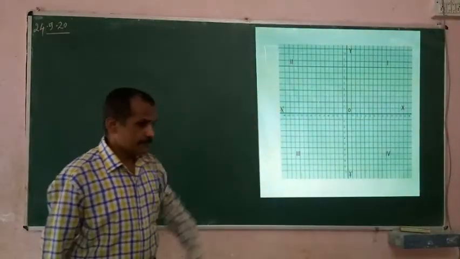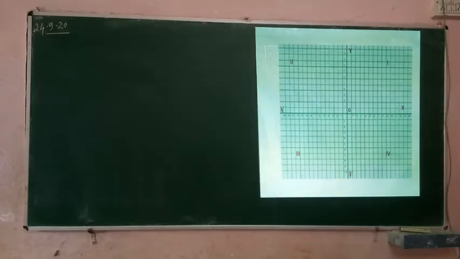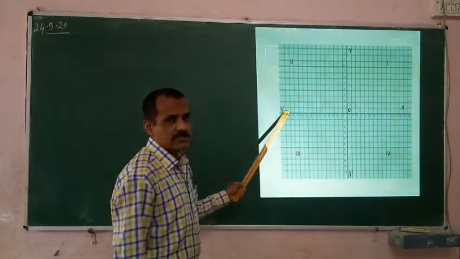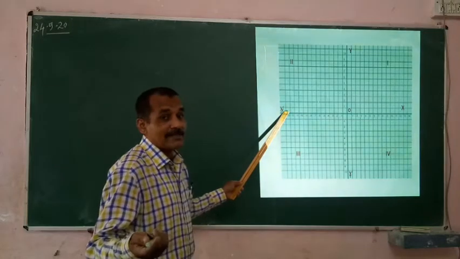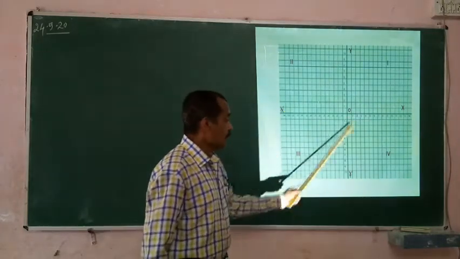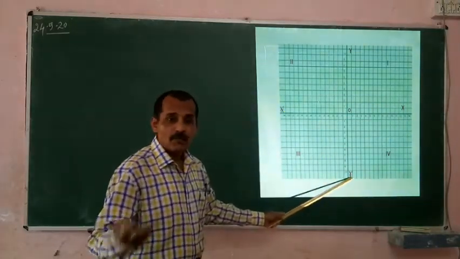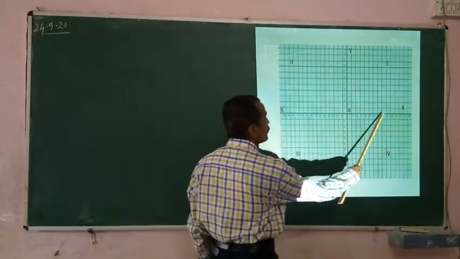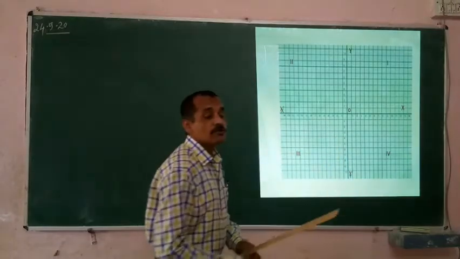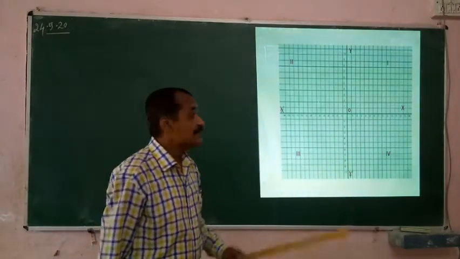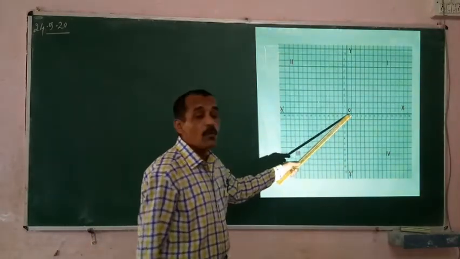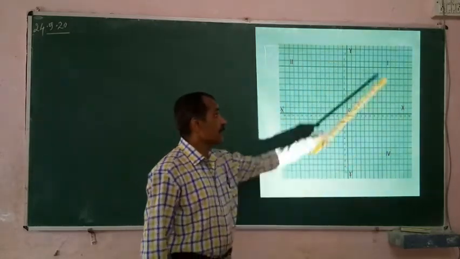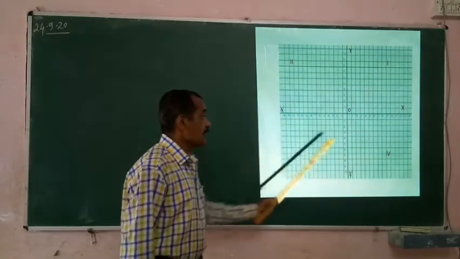Look at this, students. X O X dash is what we call the x-axis. Y O Y dash we call the y-axis. These two mutually perpendicular lines intersect at a point called O, which is the origin. These four are the quadrants, numbered 1, 2, 3 and 4.